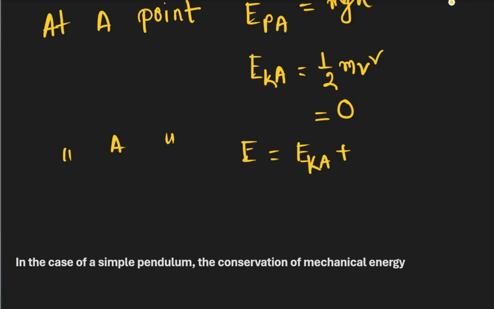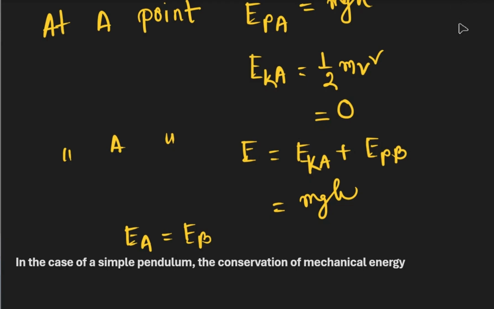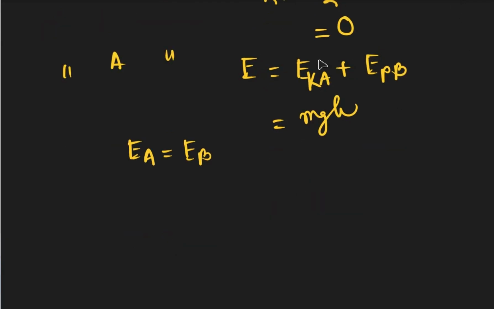So the total energy at point A, EKA plus EPA, is mgh. So at every point, at point A, point B, and point C, the total energy is mgh.